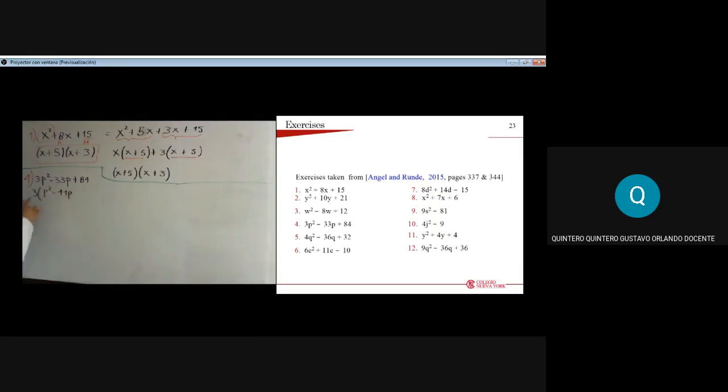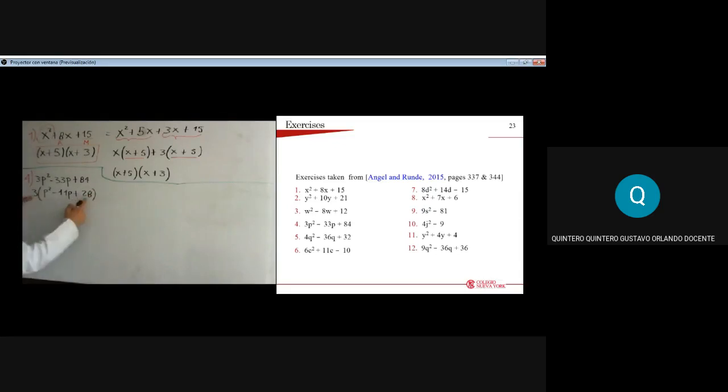Why 11? Because 3 times 11 gives me 33. And then plus, one number goes here. 84 divided by 3. How much would that be? 28. All right, let's see.